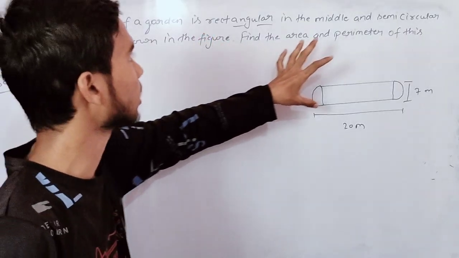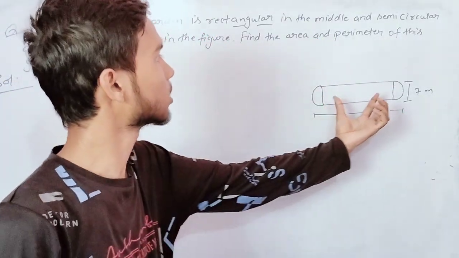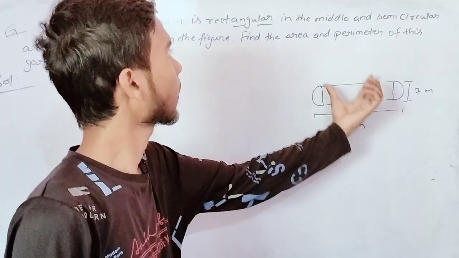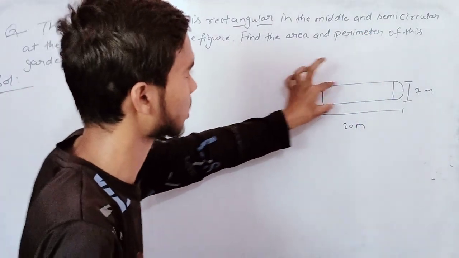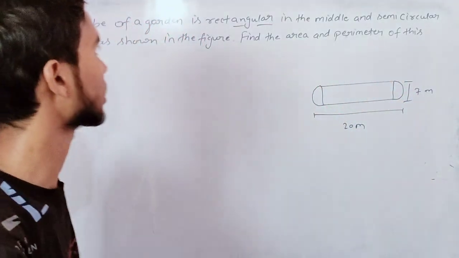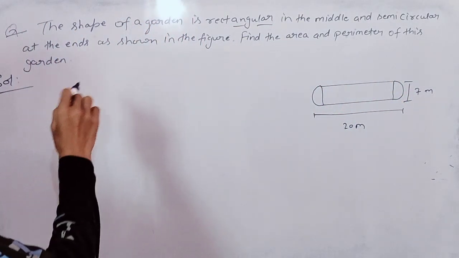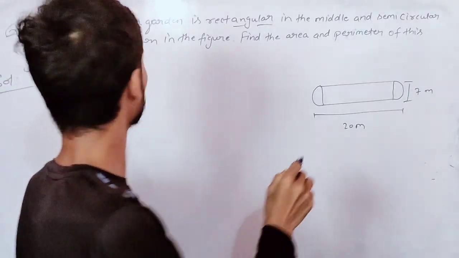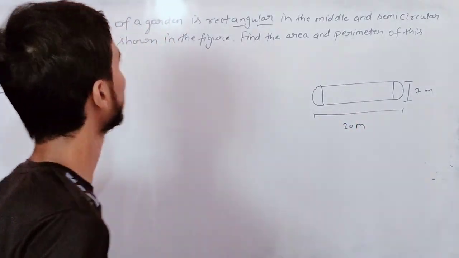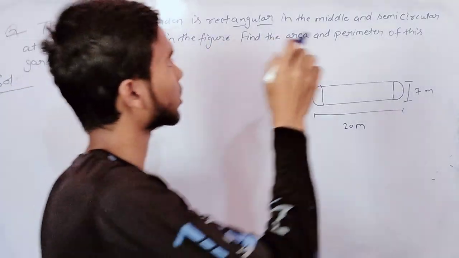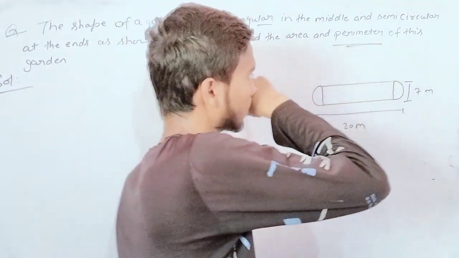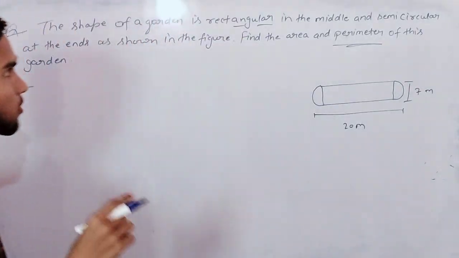So there is a rectangle in the middle, and a semicircle at each end. You can see this is a semicircle at the end of this rectangle. As you saw in the figure, find the area and perimeter of this garden. So let's start from the perimeter.